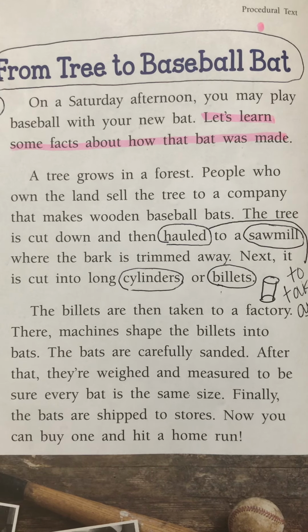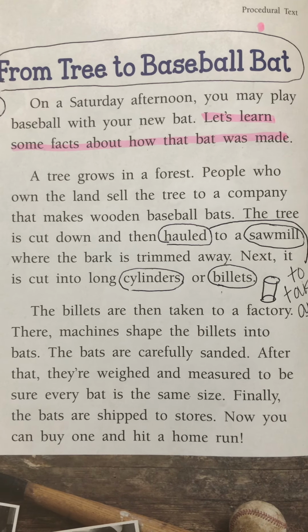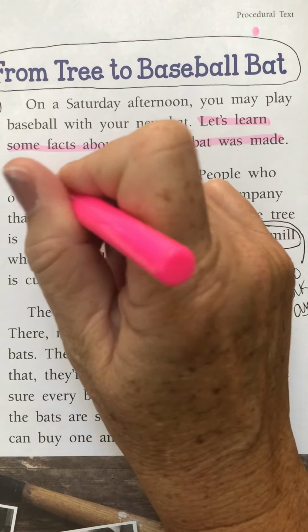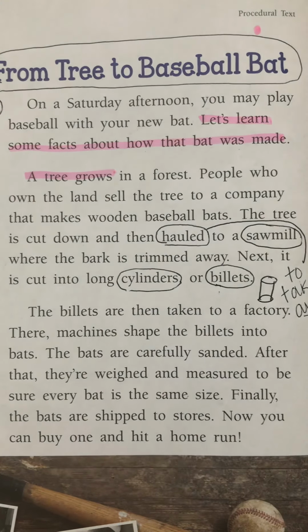In paragraph 2, I would like you to take your highlighter and try to highlight a couple of steps that are required in order to make a baseball bat. Please highlight those now. Some of you may have highlighted, a tree has to grow.